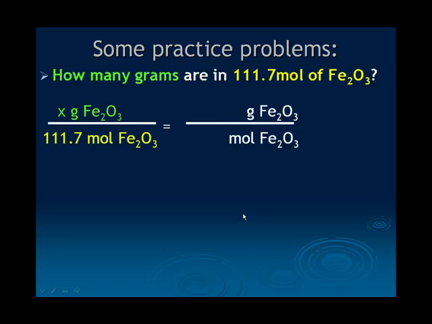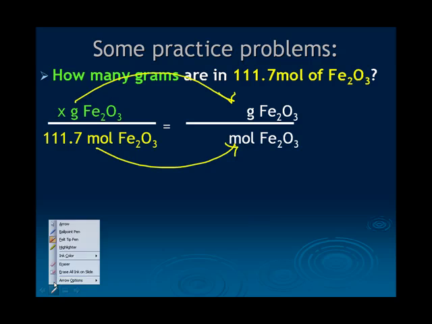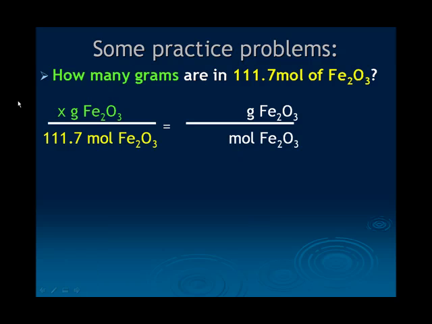The units, okay, again, grams to grams, moles to moles, just like that. Look up the molar mass off the periodic table and calculate it. Moles is always going to be a 1. Grams is going to come off the periodic table. I calculated that to be 159.70.